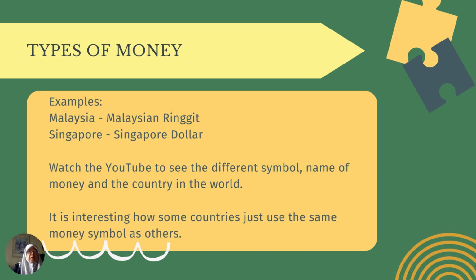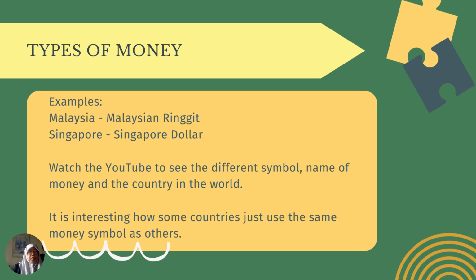Okay, so you can watch a YouTube video to see the different symbols, the names, and so on, from different countries. I have a link on the other side where you can watch all the currencies, all the money from different countries, including countries you have never heard of before. It is interesting how some countries just use the same money symbol as others, like USD, the American dollar.